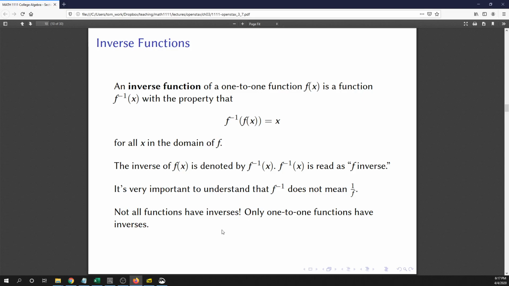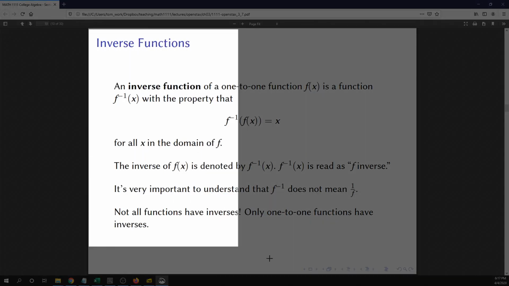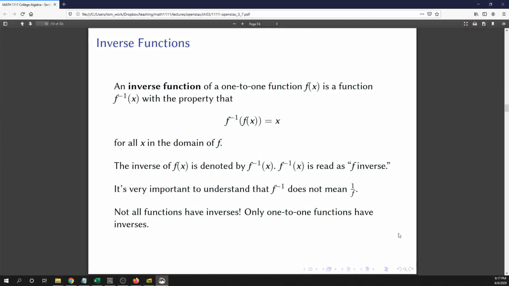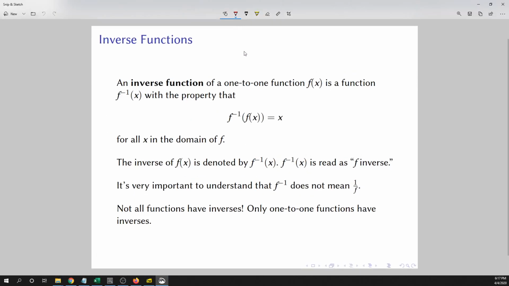If you had an expression like x to the -1, that's not a function in and of itself, and it's not written in function notation. In that context, they're talking about 1 over x. Or if you had 2 to the -1, that's just the number to the -1 power, so that would be 1/2.